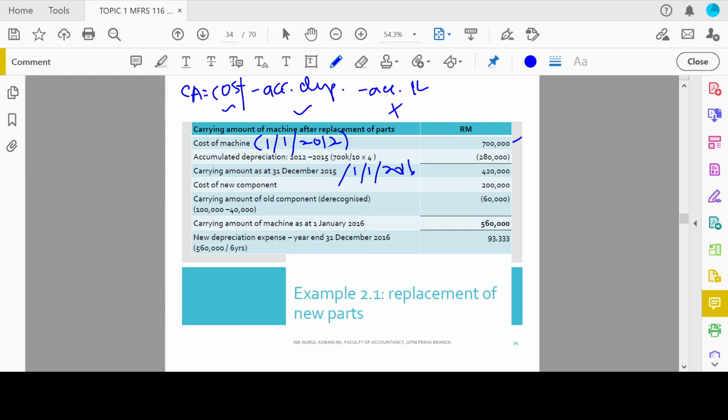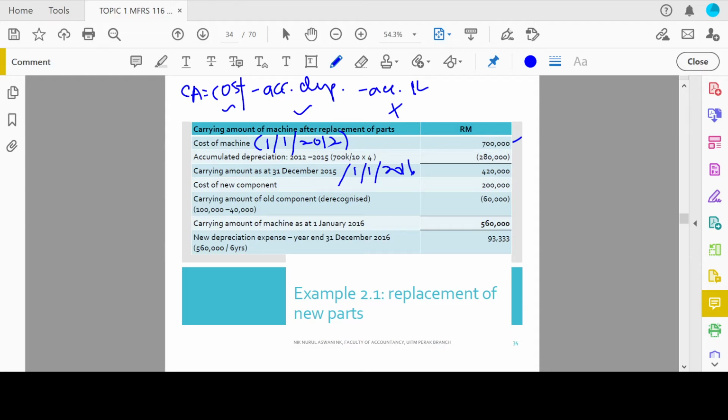So we start our computation from the cost, and then we need to calculate the accumulated depreciation for how many years? For 4 years. Why 4 years? 2012, 13, 14 and 15. And then on 1st January 2016, this is the carrying amount that we want to find.